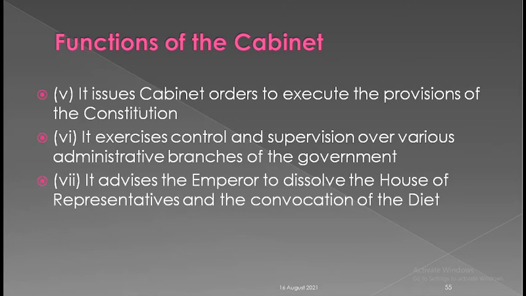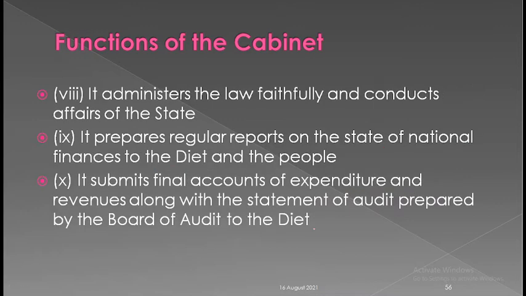Fifth, it issues cabinet orders to execute the provisions of the Constitution. Sixth, it exercises control and supervision over various administrative branches of the government. And seventh, it advises the emperor to dissolve the House of Representatives and on the convocation of the Diet. These are some of the functions of the cabinet.